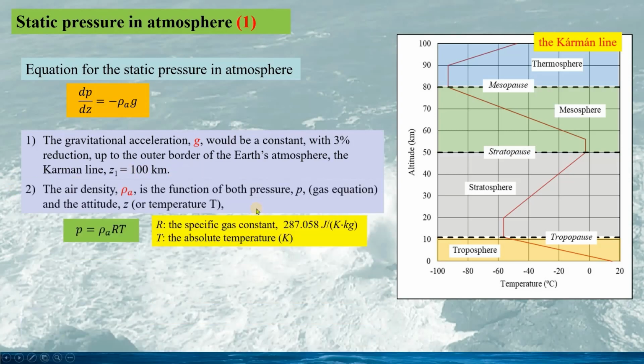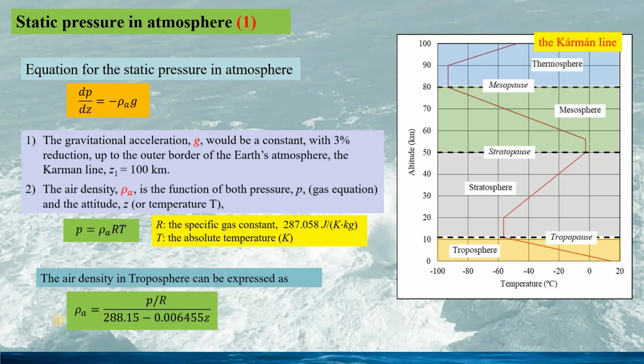The air density, rho A, is a function of both pressure, through the gas equation, and the altitude Z, through the temperature T in this plot. So from this ideal gas equation, we can obtain the air density given in this formula for the troposphere.